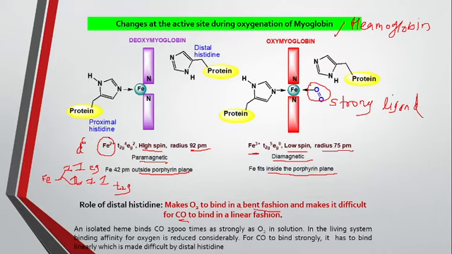Why? Because this carbon monoxide has the capacity to bind the Fe, but this CO can bind Fe in a linear fashion.